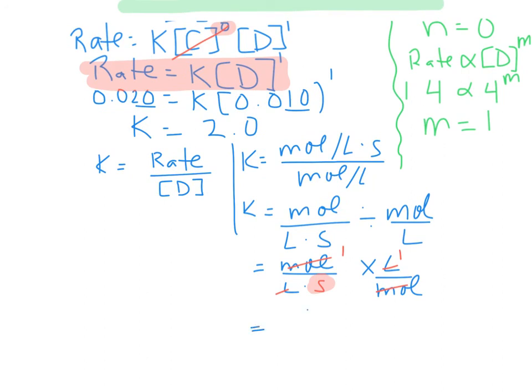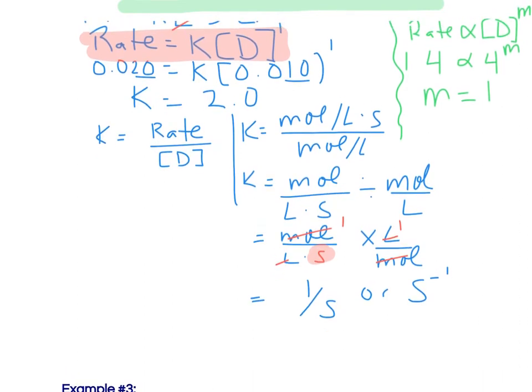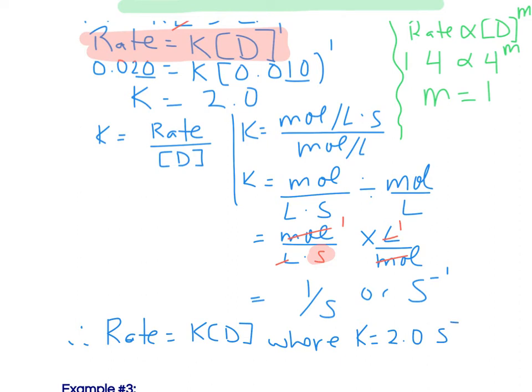I get 1 over seconds, or seconds to the negative 1, whichever you prefer. So overall, let me sum up my rate before I get on to the next example. Therefore, the rate is equal to K times the concentration of reactant D, where K is equal to 2.0 seconds to the negative 1, or 1 over seconds, whichever you prefer.